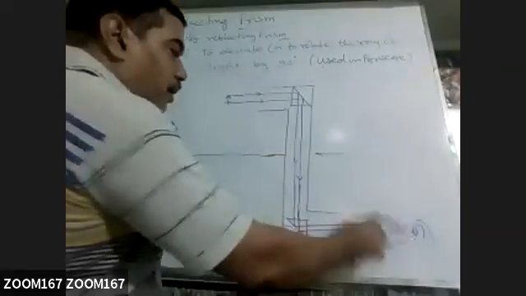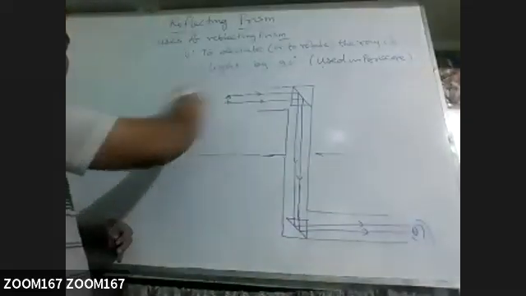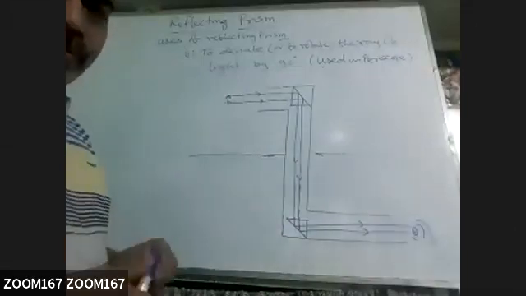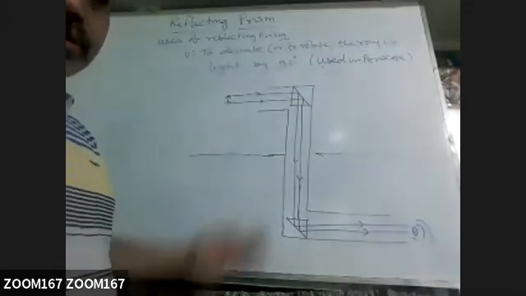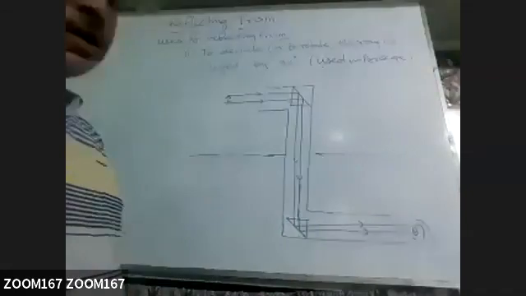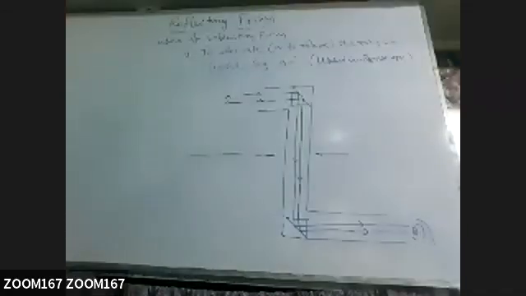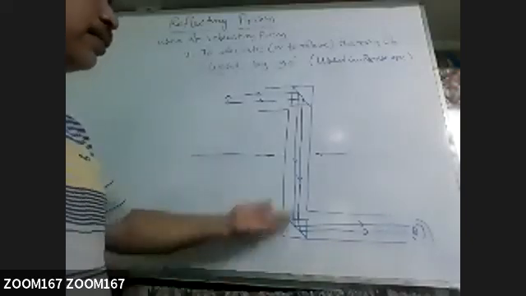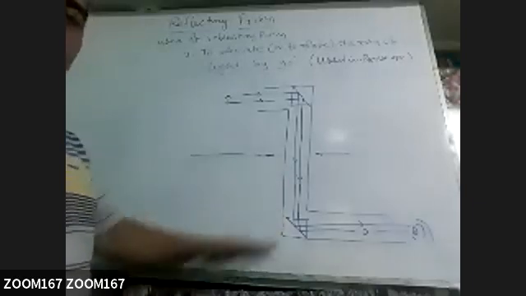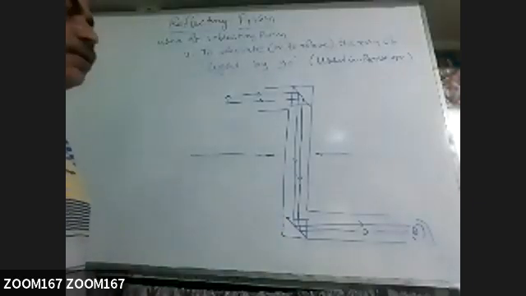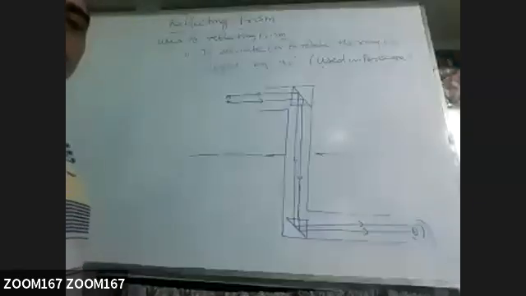From here, the person can see what is going on above ground. This is used by army persons, or by submarines also, to see what is going on above the water surface, remaining hidden inside. They can see what is going on.